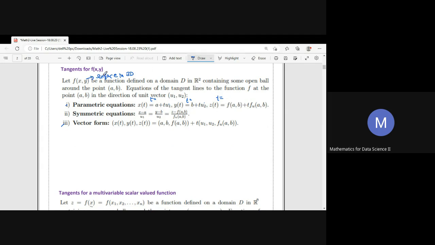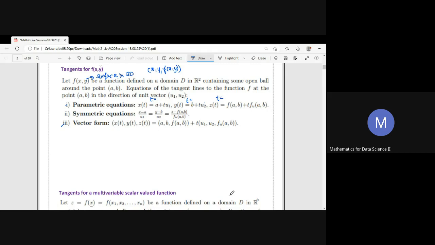In the surface, what are the points you are considering for this graph of the surface? x, y, and the third coordinate is nothing but f of x comma y. And what is the corresponding direction in which you get the line? It is the direction of the directional derivative, particularly at that point. So this is what we see for parametric equation tangents for two variables only.